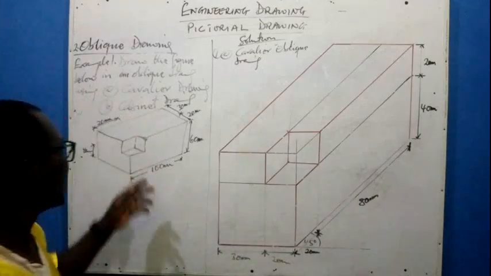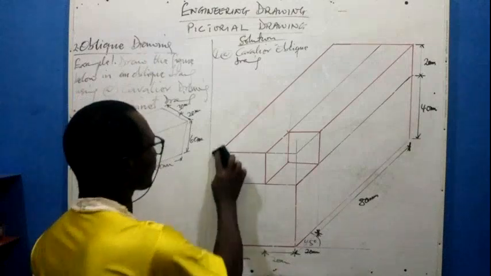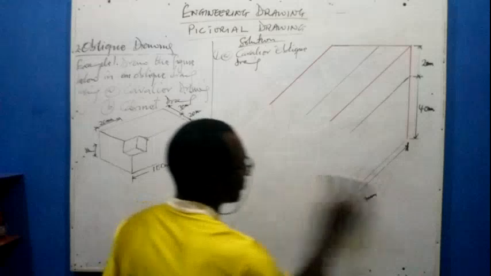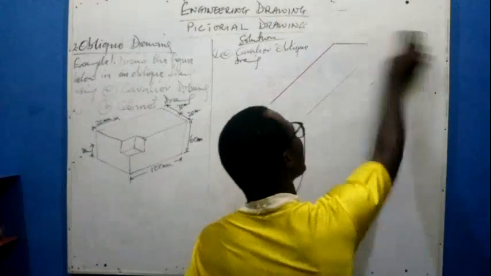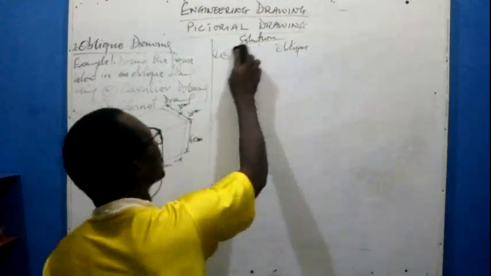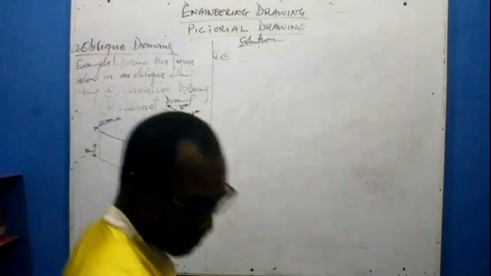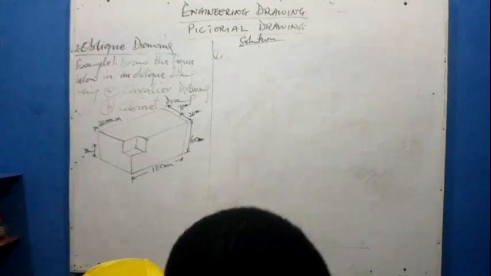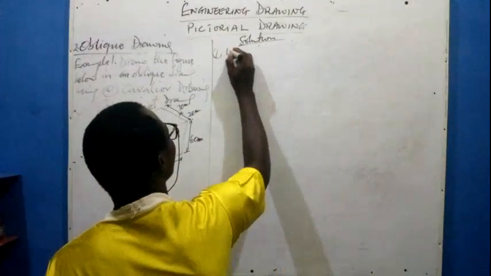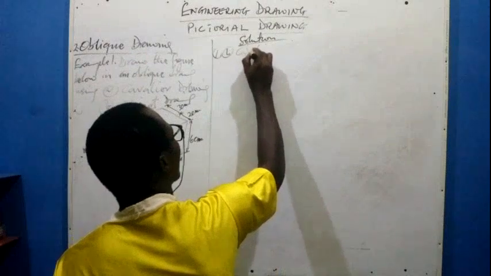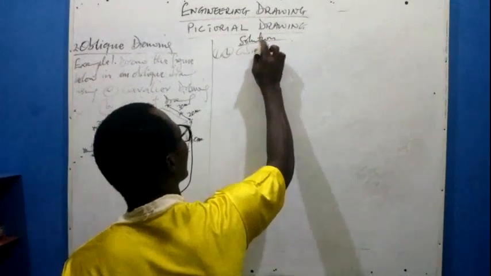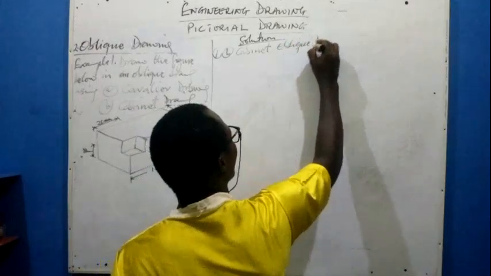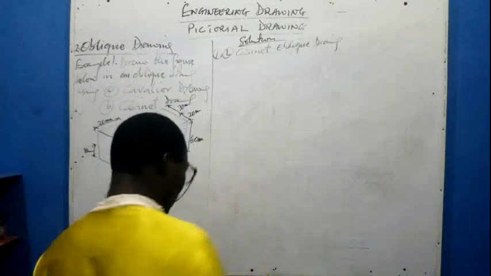Let's look at how we present it in a cabinet form. B. Cabinet oblique drawing.